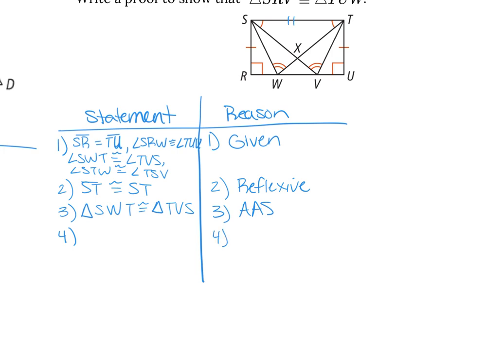All right, next I can prove that SV is congruent to TW. That is through corresponding parts of congruent triangles are congruent. So 1, 2, 3 would be congruent to this.